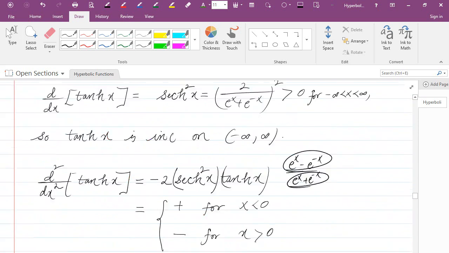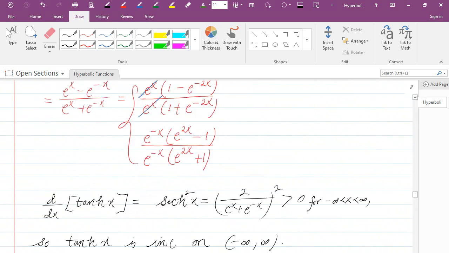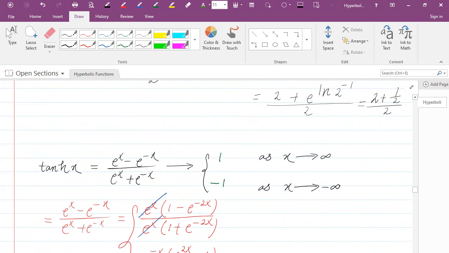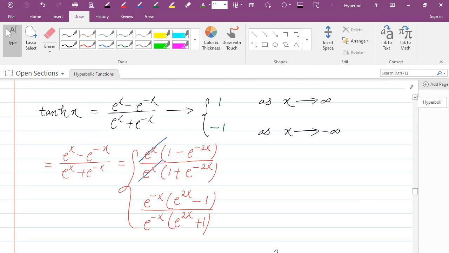Okay, so now I want to look at the graph of the hyperbolic tangent function. The hyperbolic tangent function evaluated at x is given by e to the x minus e to the minus x over e to the x plus e to the minus x.